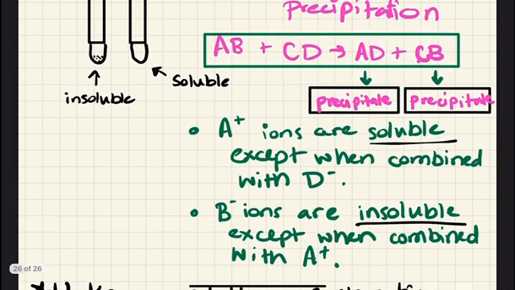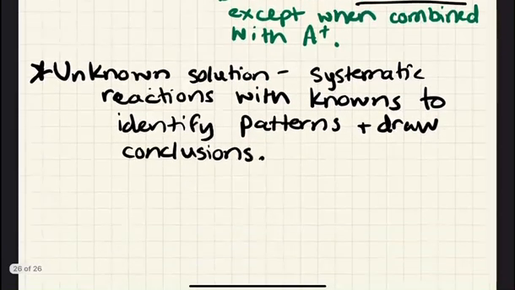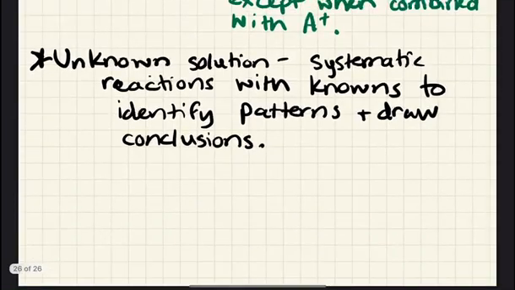And in this experiment, you'll be using an unknown solution and trying to draw conclusions about what is actually present in it. So you'll want to try to figure out what is the cation and what is the anion, and you have a limited set of possibilities, which are also given solubility rules. And you're given a set of known solutions to react them with. So your task will be to systematically react your unknown with the known solutions and identify patterns.